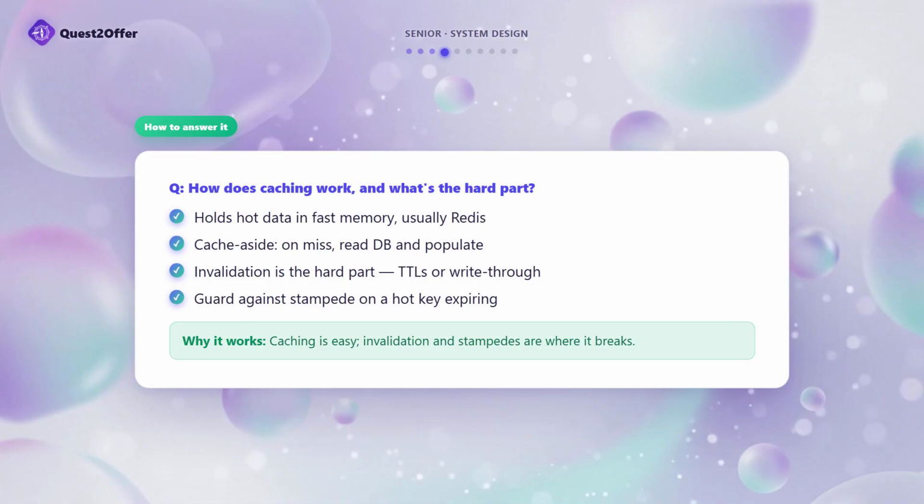The common pattern is cache aside. Check the cache, and on a miss, read the database and populate it. The hard part is invalidation. You set TTLs or write through on updates, and you guard against a stampede, where a hot key expires and many requests rebuild it at once.